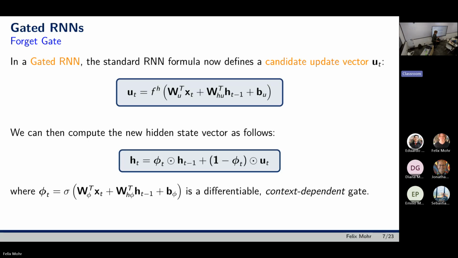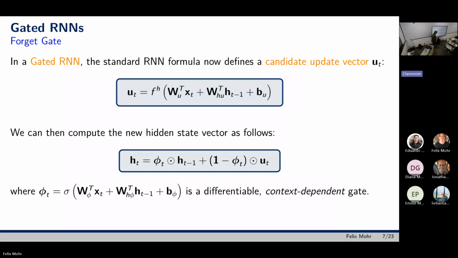Now, what's the other case? The other case is that I remember everything and I do not incorporate my new knowledge. Then this would be the 1 vector. But if this is the 1 vector, then 1 minus 1 is the 0 vector. So I would basically not update at all. So if I remember everything, then my new state would be exactly the same as the old state.